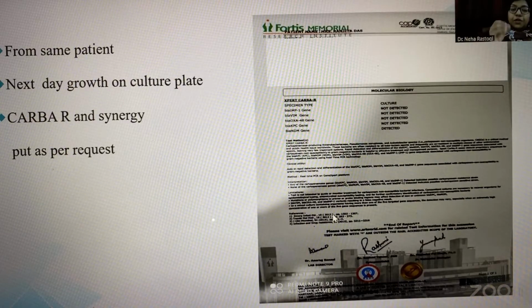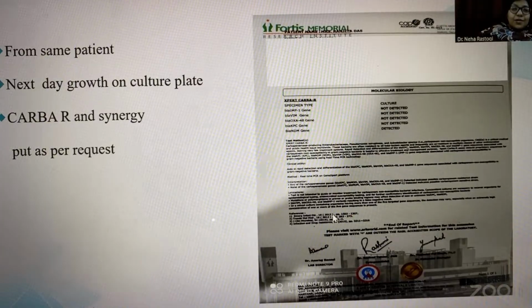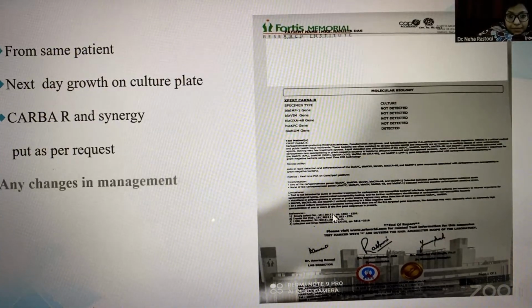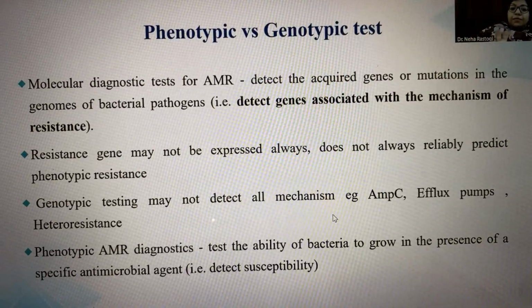For that, you need a certain kind of testing: can we detect the genetic resistance also? Can we detect what kinds of enzymes are there? As we heard in the previous lecture, they have a direct implication on antibiotic choices. So what we talk about is phenotypic or genotypic testing of resistance.